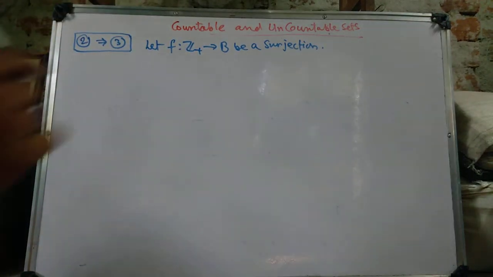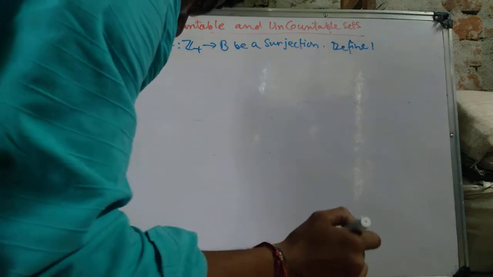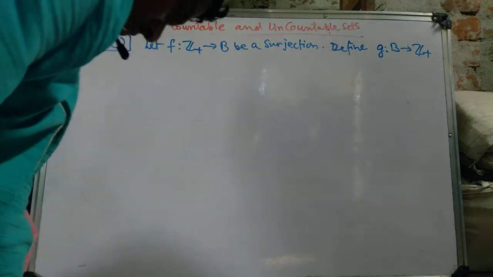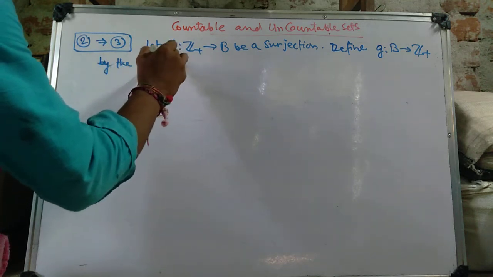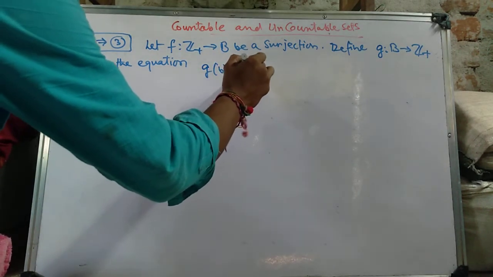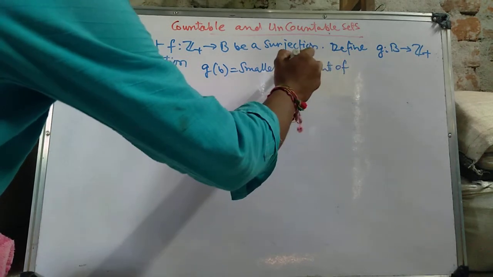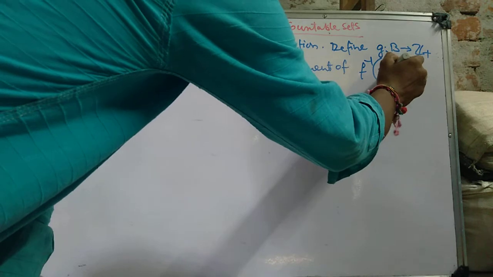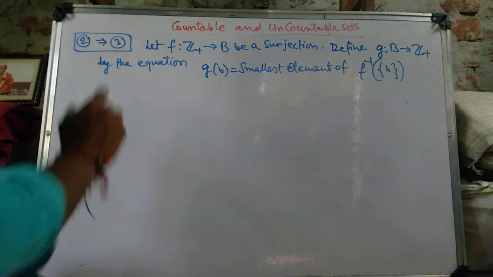Then define g from B to Z plus by the equation g(b) equal to the smallest element of f inverse of b.